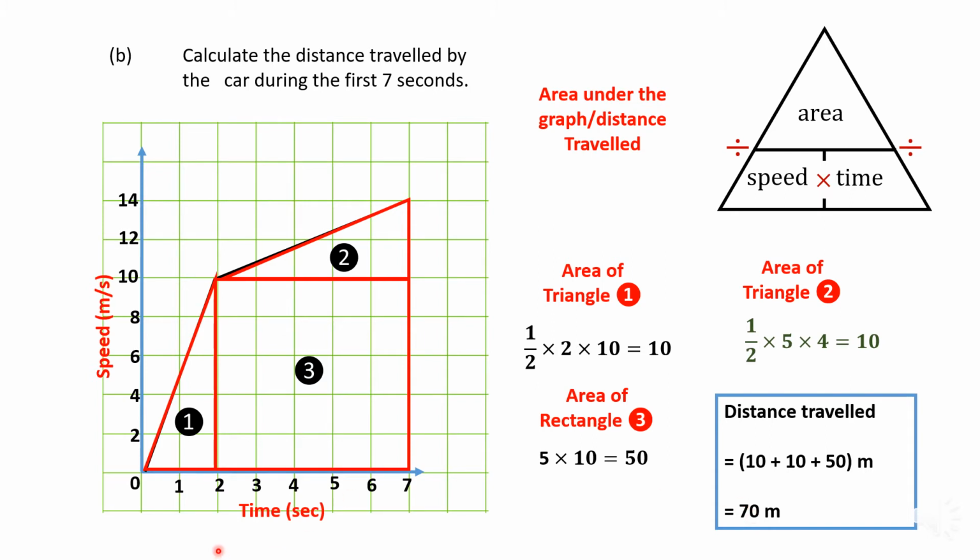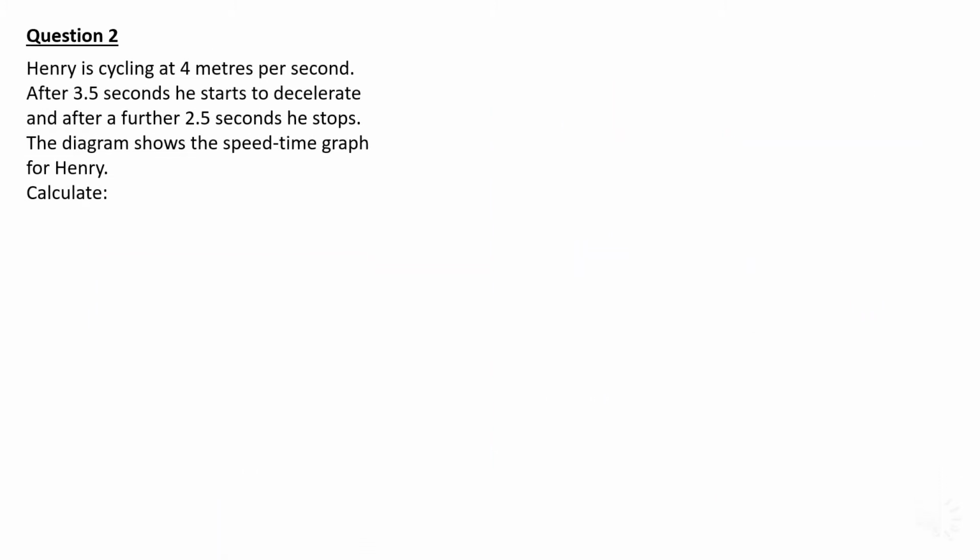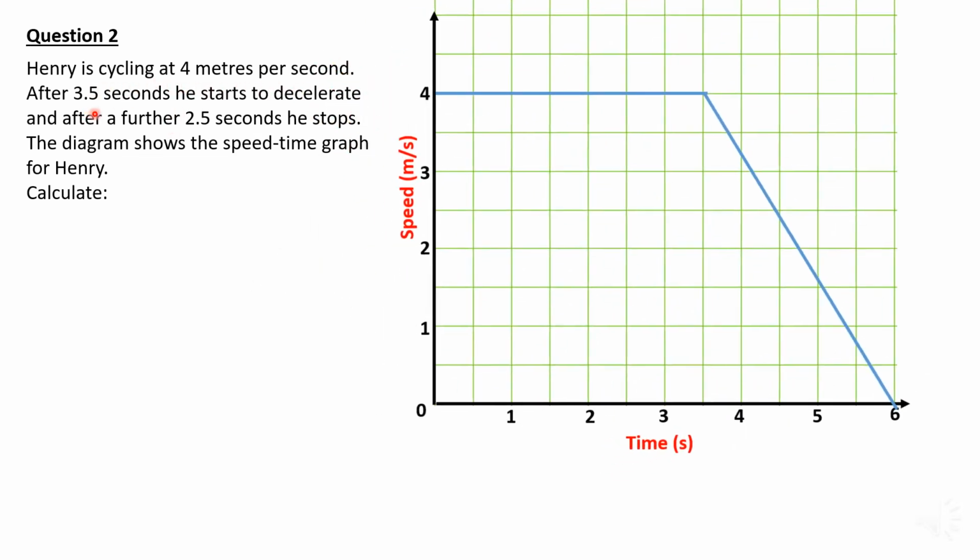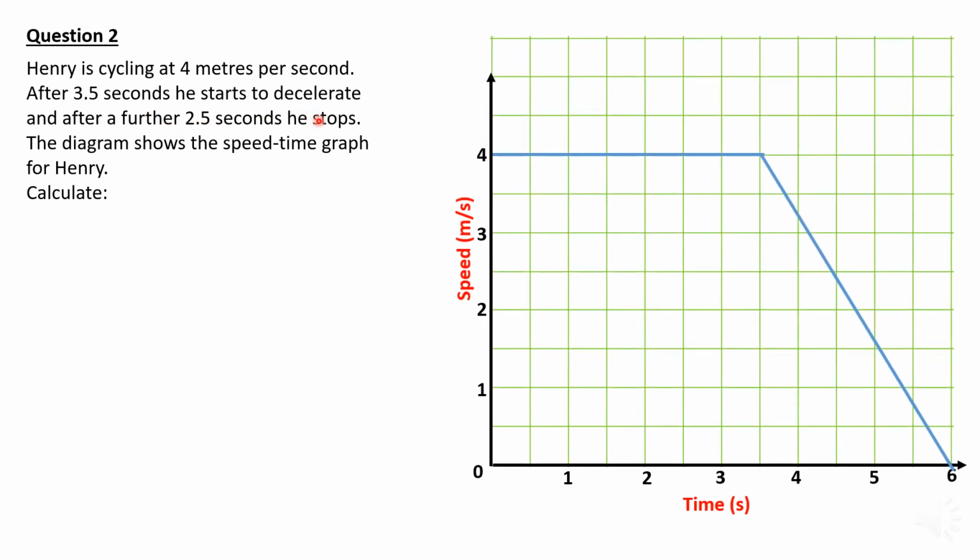So I'm going to look at a second question. Right, so the second question here says a cyclist cycles at 4 meters per second. After 3.5 seconds, he starts to decelerate. He slows down. Can you see that?